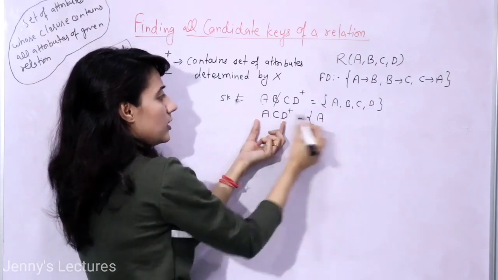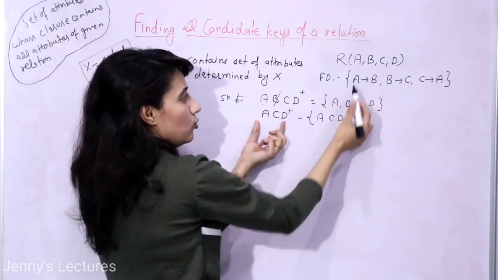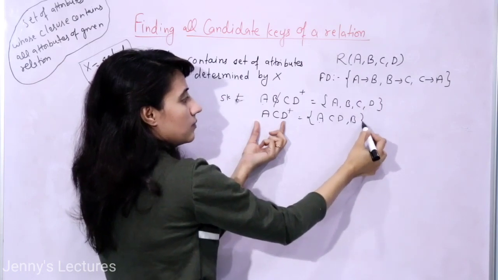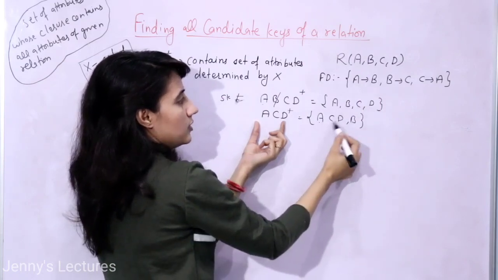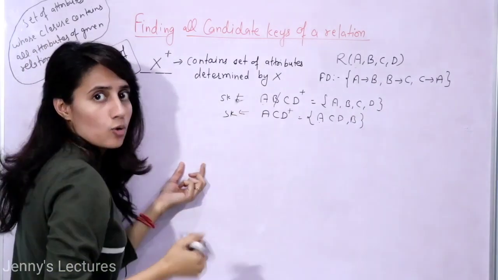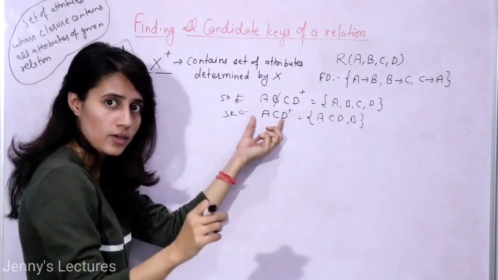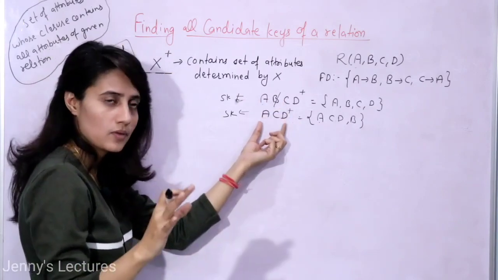In the closure I can write A, C, D. A can determine B. Do you have A? Yes, I can determine B. And A, B, C, D, all 4 attributes are there, so this is a super key. Although there is no need to check the closure after using that trick, you can easily discard B.